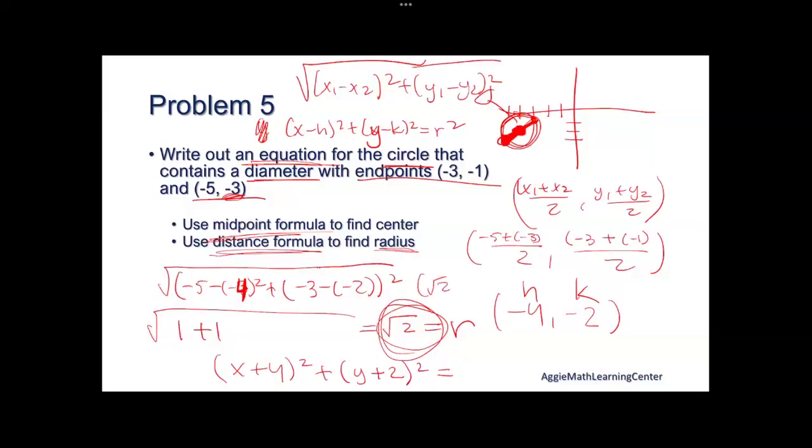Square root of 2 squared is just going to be 2. Gets rid of the square root. Okay? And we can see the solution here is exactly what we have. Any questions on that?